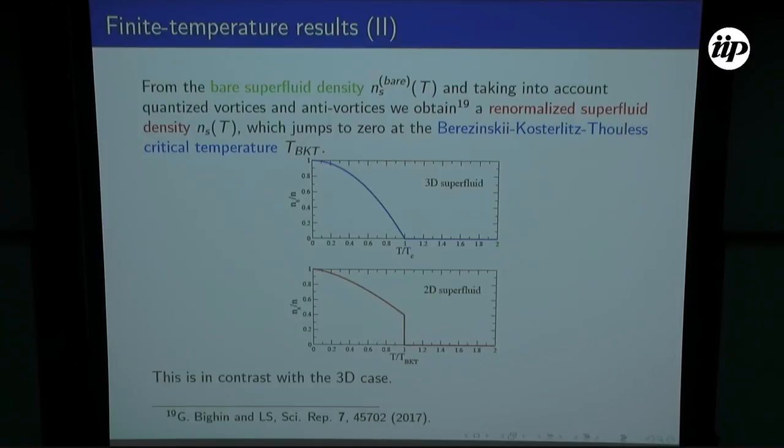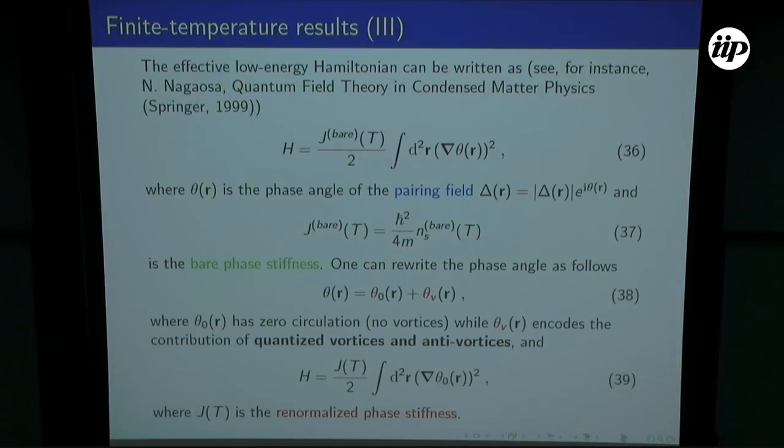And so to get a more reliable superfluid density, you have to renormalize this bare superfluid density. And how can it be done? Well, if you consider the pairing field we have seen previously, this pairing field has a modulus and a phase.